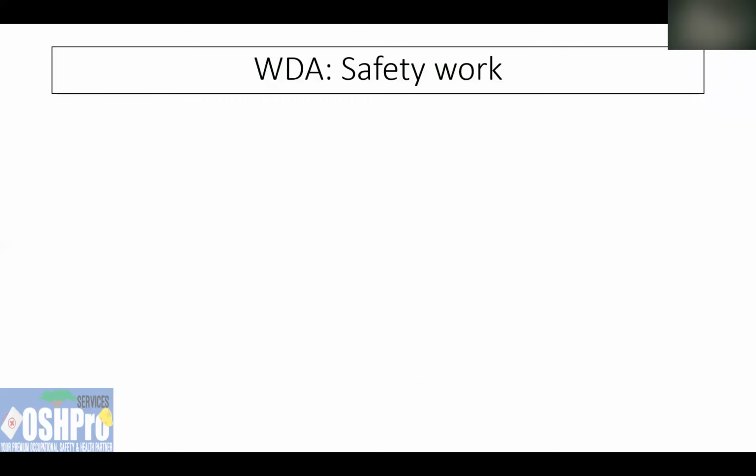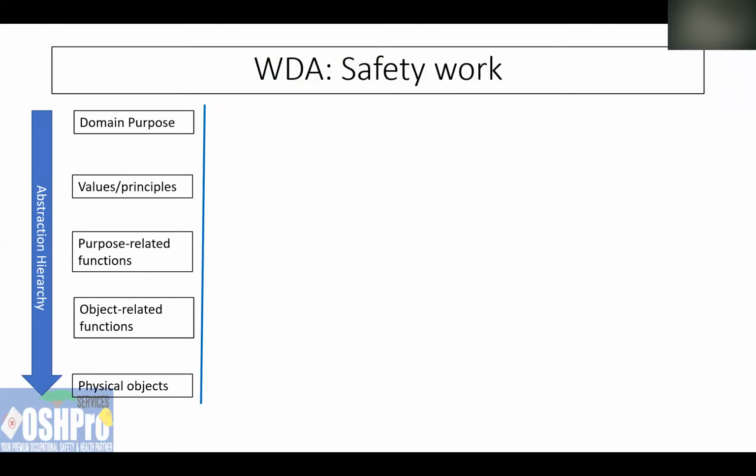So we start with our work domain analysis of our safety work. That's our work domain, and we want to do analysis. So we have the five phases: the domain purposes, the values and principles, purpose-related functions, object-related functions, and physical objects. This is what we call the abstraction hierarchy.